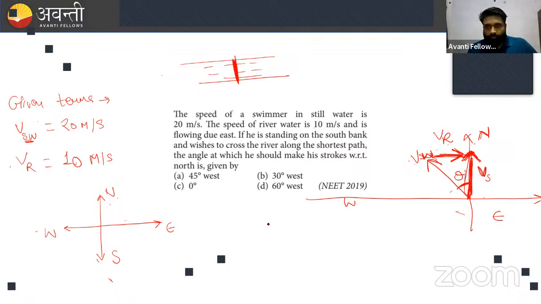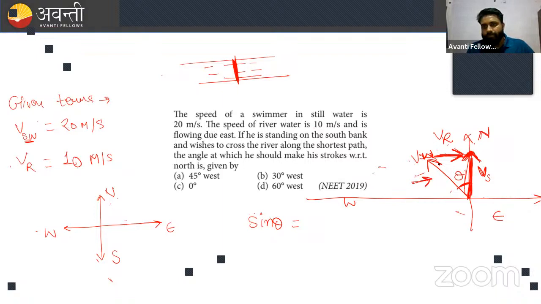Now what is this angle? This angle can be calculated as sine theta. In a right angle triangle, sine theta is equal to perpendicular over hypotenuse. So what is the perpendicular in this triangle?